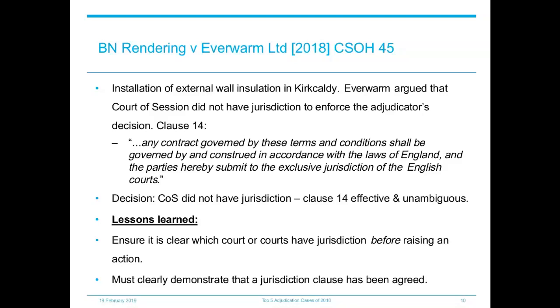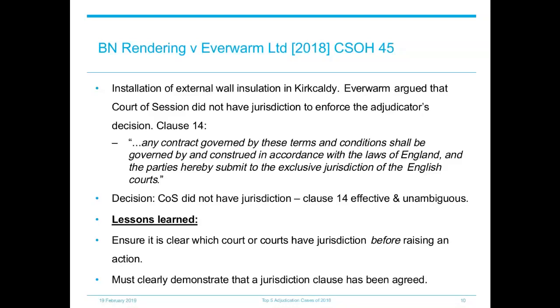They argued that because they did not sign the subcontract, the exclusive jurisdiction clause was invalid. BN Rendering's final argument was that Clause 14 did not identify which disputes arising out of the subcontract were subject to the exclusive jurisdiction of the English courts.